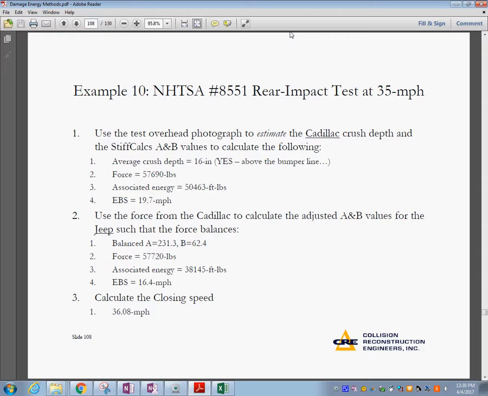So use the test overhead photograph to estimate the Cadillac crash depth on the stiffness scales. This is nice because what he's suggesting is to use photogrammetry, meaning with a drone you could take a picture of your vehicle from the top and then in software measure the deformation.